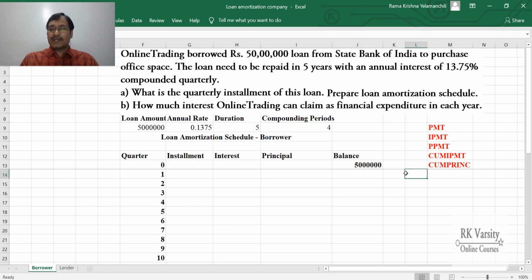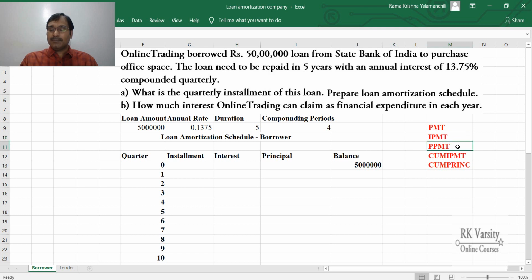The Excel functions which we are going to use in this example are, one, PMT, which helps you to calculate the installment amount. Then comes IPMT, that is interest payment, for each quarter or each time period, how much interest is paid, that we can calculate with the help of IPMT.